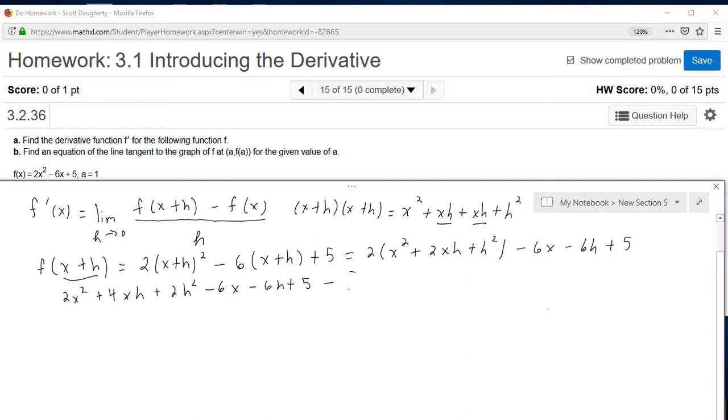So minus f of x. But f of x is simply 2x squared minus 6x plus 5. And then all of that is divided by h.